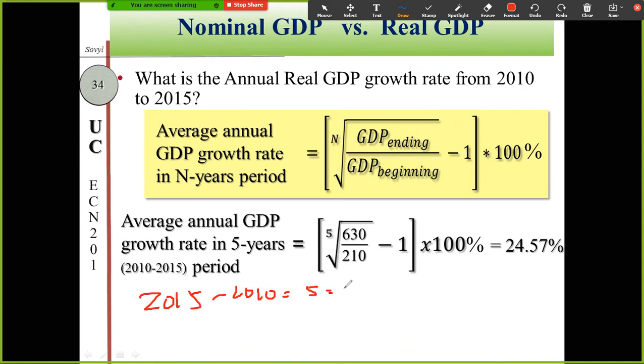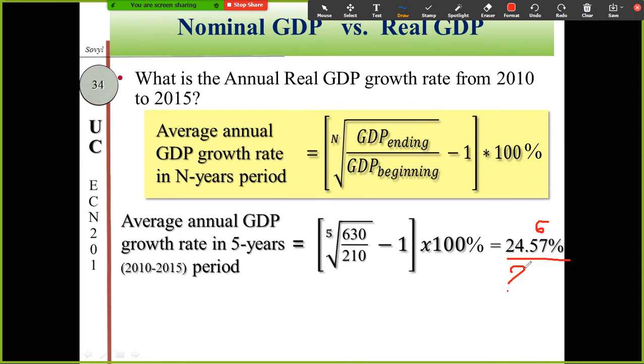This is 5 years. 5 years is n. So we take GDP ending, GDP 2015 divided by GDP in 2010 and take the fifth root and then minus 1 multiplied by 100%. We got 24.6.